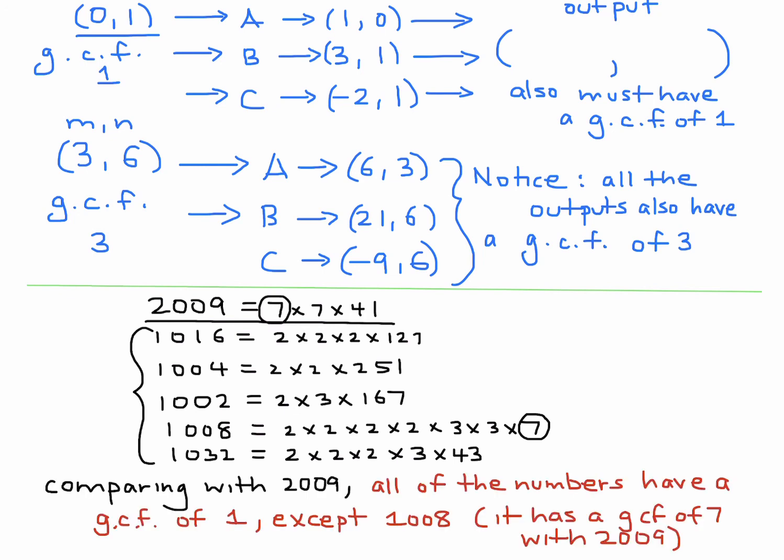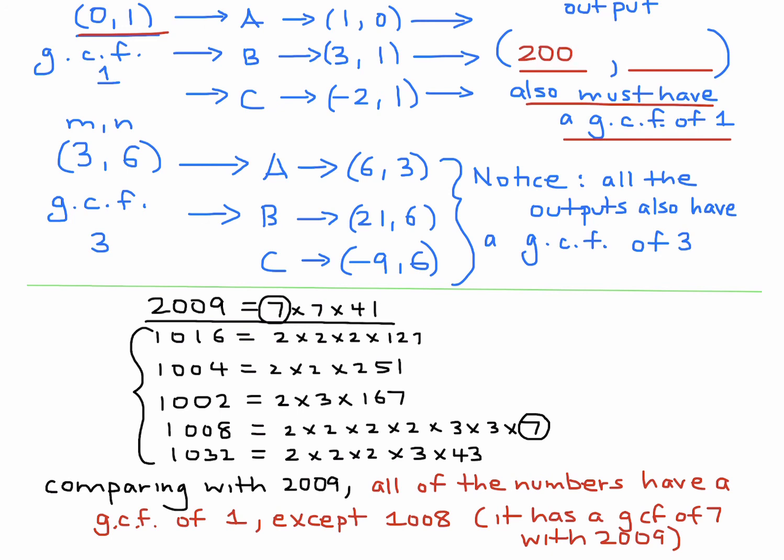Since it has a GCF of 7, 1008 and 2009 cannot go here as an output. Why? Because you're starting with 0, 1. The output must have a GCF of 1.